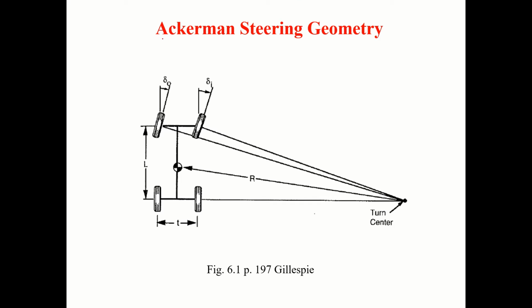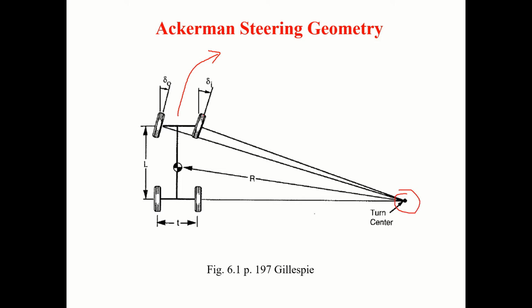Also, first thing is I have explained Ackerman steering principle. Most important point is that whenever you are taking a turn, the perpendiculars drawn to the vertical planes of the tires at the center must all meet at one point.